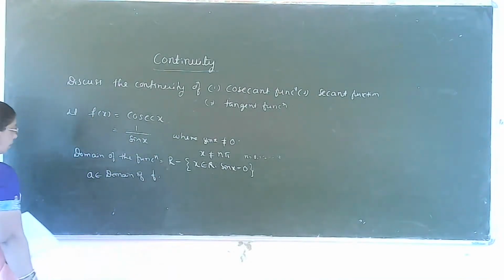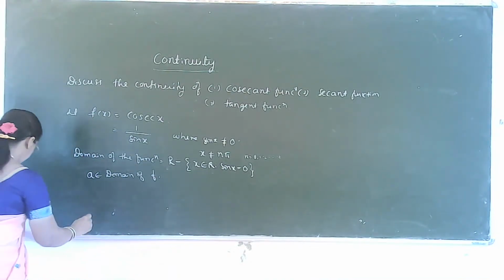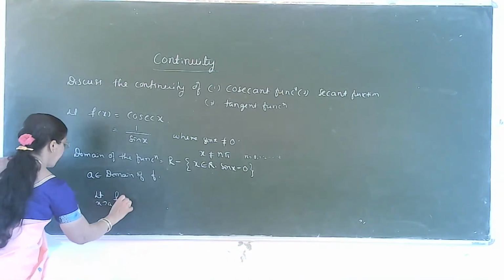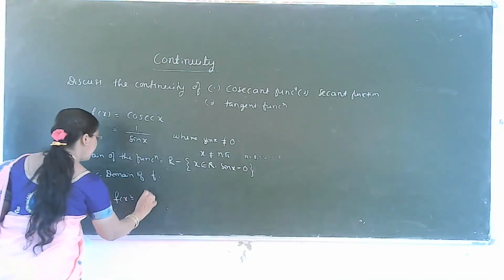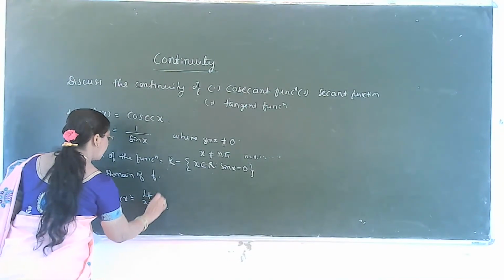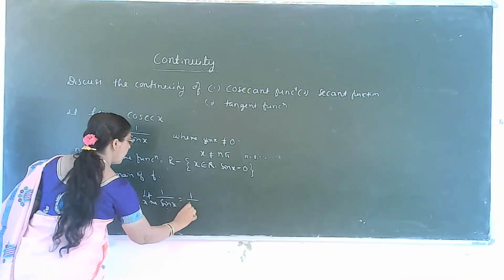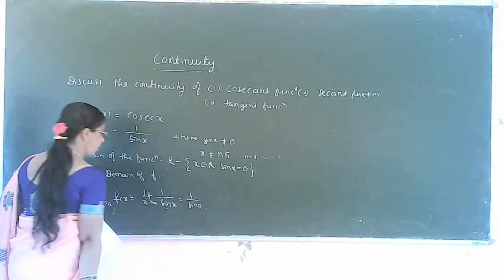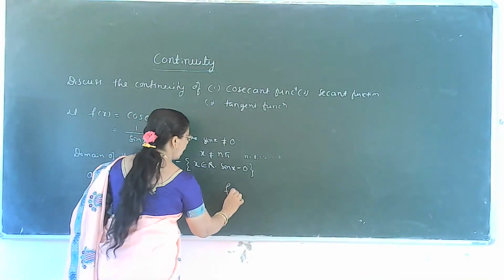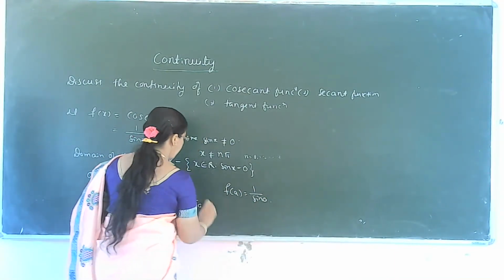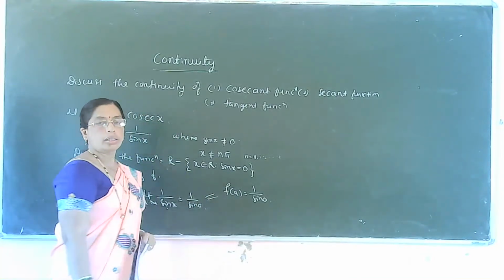Then you can find the limit here. The limit as x tends to a of f of x is equal to the limit as x tends to a of 1 by sin x, which is equal to 1 by sin a. Then f of a is also equal to 1 by sin a. Therefore, they are equal.